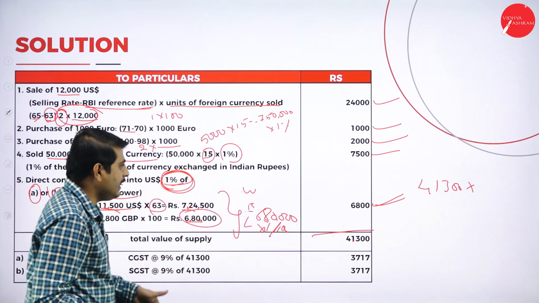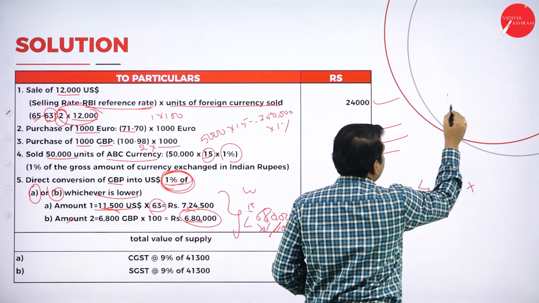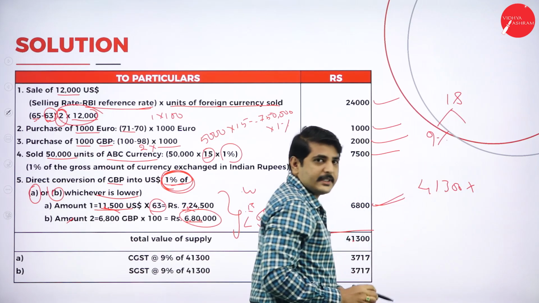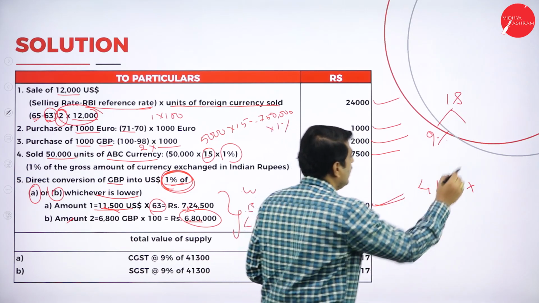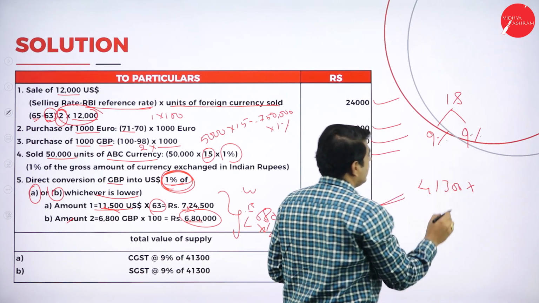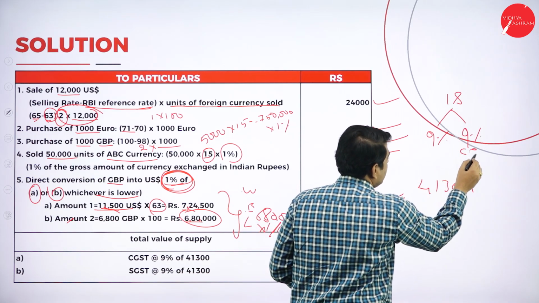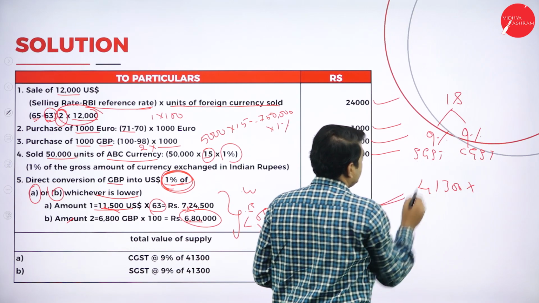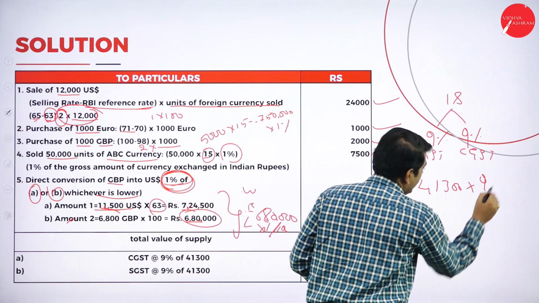So 18% means 9% goes to the state and the remaining 9% goes to the central, CGST and SGST. So 9 by 100.